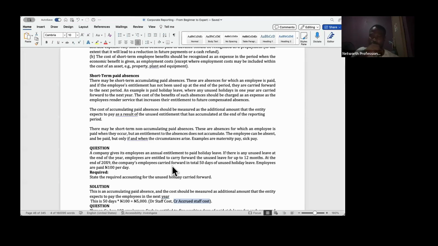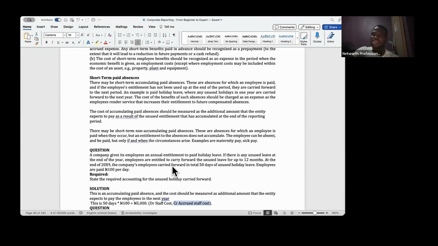However, where the examiner can confuse is this. Because we know that in reality, even though they didn't take it this year, and we are saying you can carry it forward, there's always a limit to which they carry forward. Like this question, they said they can carry it forward for only 12 months. That means if you don't take it next year, it's gone.